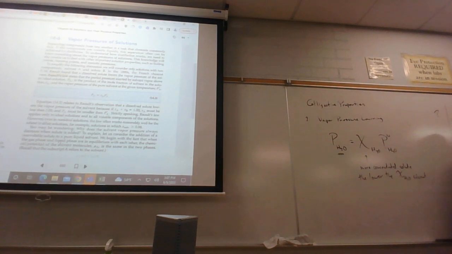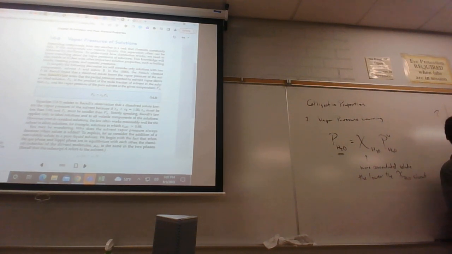And so if we lowered it, here, this is lowered vapor pressure due to Raoult's law. I'm going to see something like this. This would be solid, this would be liquid here.